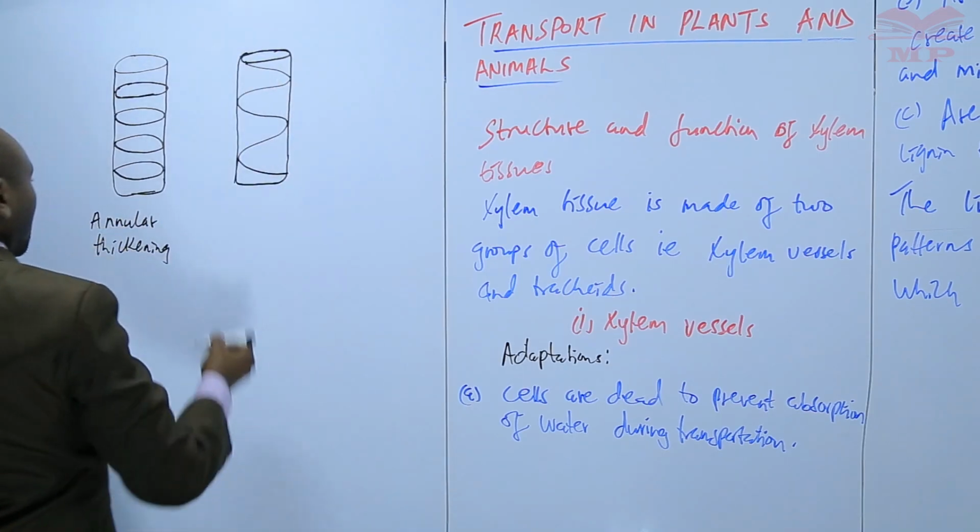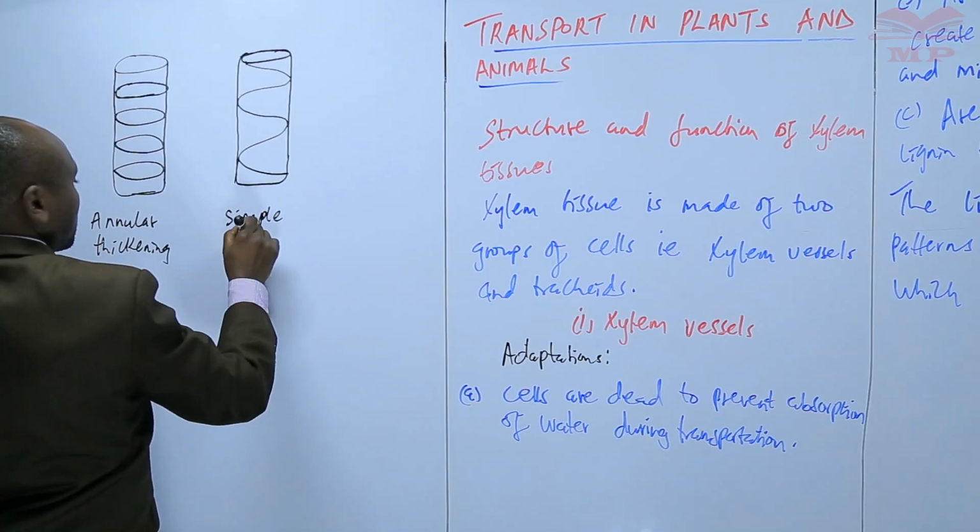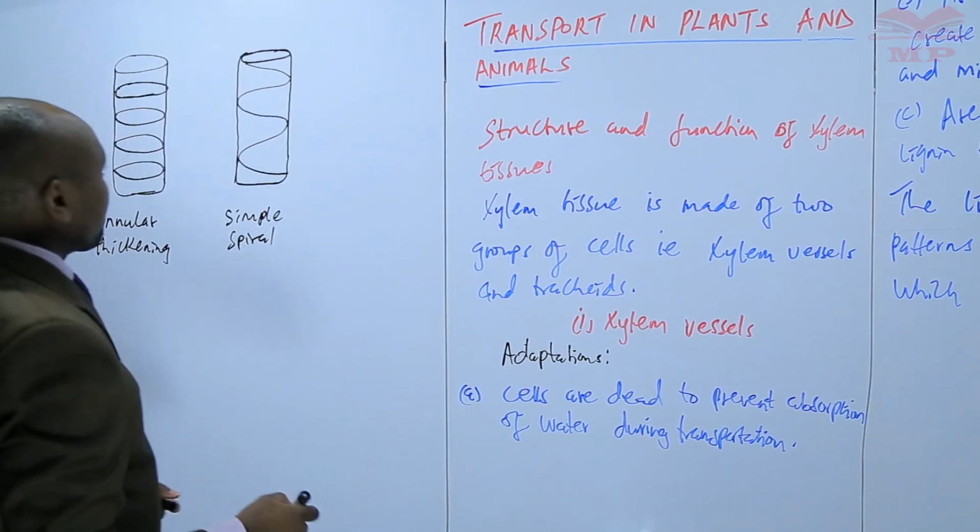So this one is called simple spiral thickening.